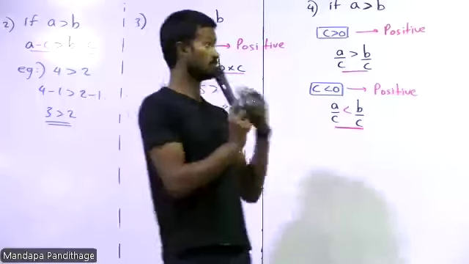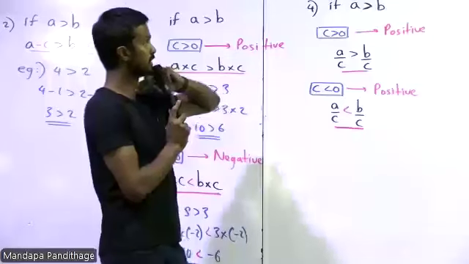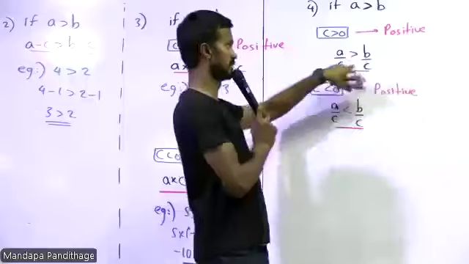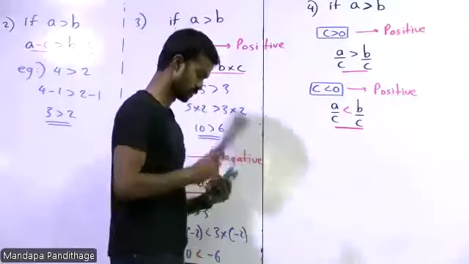Then just write this: if A is greater than B, and C is greater than 0, meaning positive, then no sign change. Here, there's a sign change.